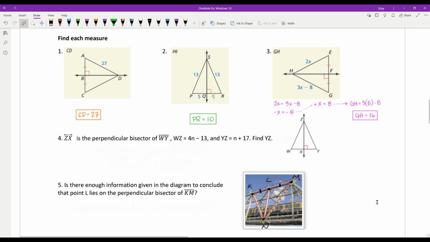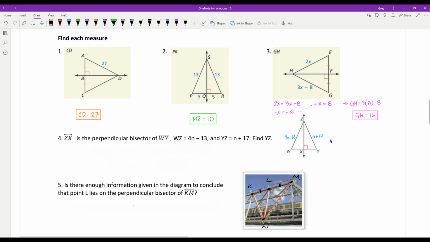Okay? Number 4, line ZX is the perpendicular bisector of WY, and WZ, which is right here, is 4n minus 13. YZ is n plus 17. Find YZ. So if they tell me this is on the perpendicular bisector, then I know that it's equidistant from the endpoints.